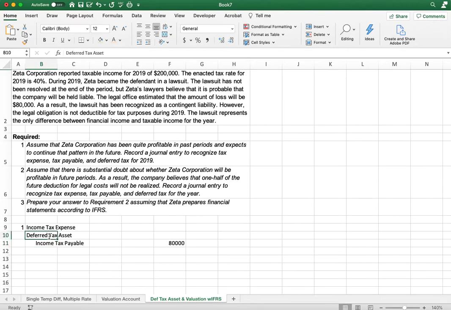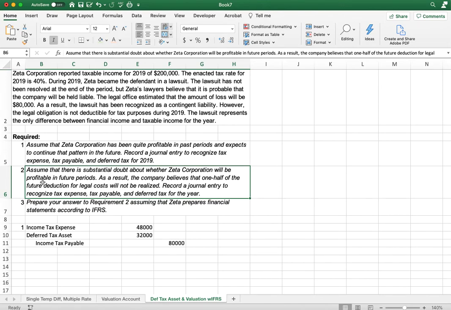And so we'll put our deferred tax asset here, and that's going to be equal to our $80,000 times the 40% for $32,000, and the tax payable minus our asset will give us income tax expense of $48,000. And like I said, because of this, we expect that pattern of profitability to continue. There's no valuation that needs to occur.